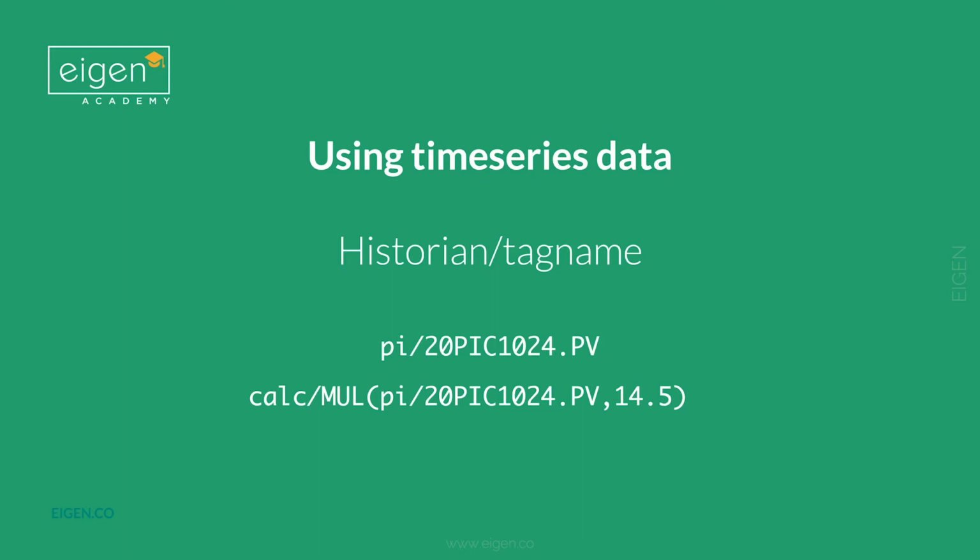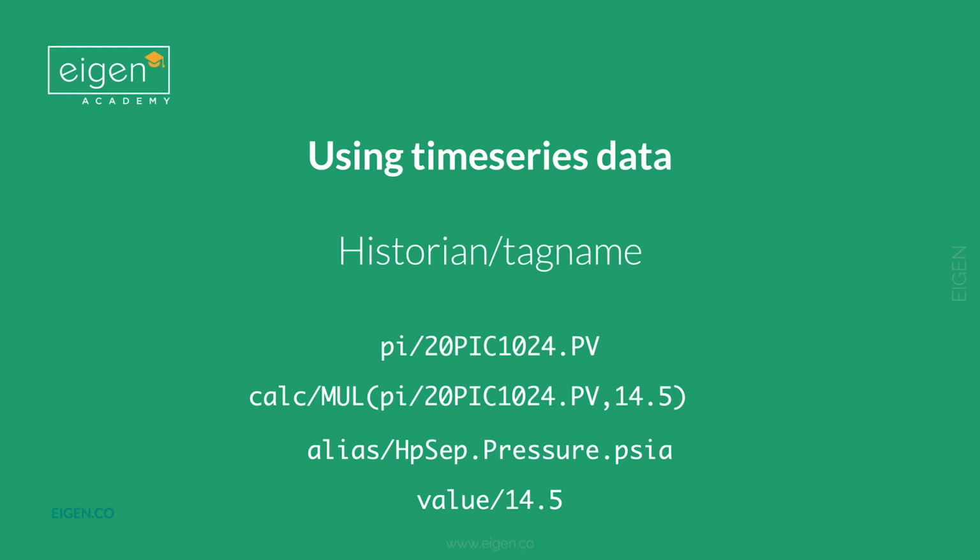So we call the calc/mul to do a multiplication, then the tag name pi/20pic1024.pv, and then we'd multiply it by a constant, say if we wanted to convert from bar to psi, in this case 14.5. We could then save this calculation as an alias under the name hpsep_pressure.psia, and if we wanted to address a value, we say value slash and then the number.